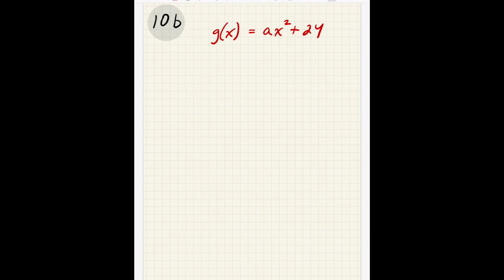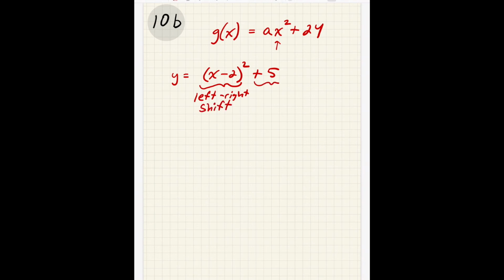Remember this, guys. If you see x squared, you know it's a parabola. We don't know if it opens up or down, but we do know it's a parabola. Now, parabolas have these fun little properties, whereas if something is inside parentheses, that signifies a left-right shift of the vertex.